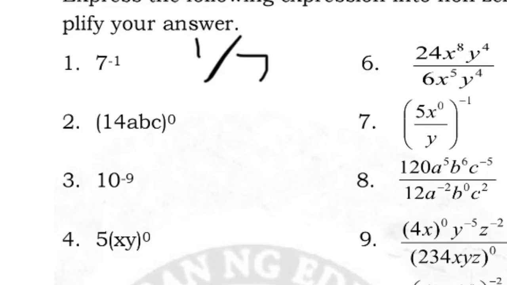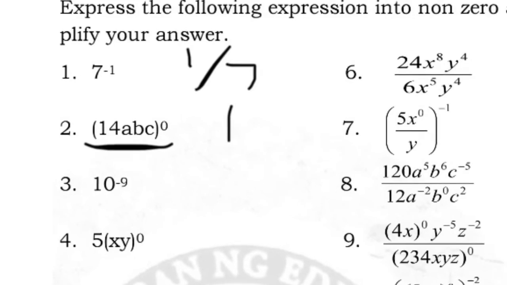Then for number 2, this is being raised to the power of 0. This is equal to 1. Okay? So again, there should be no 0 and negative exponents, and your answer should be in simplest form. Okay? That's for learning task number 1.